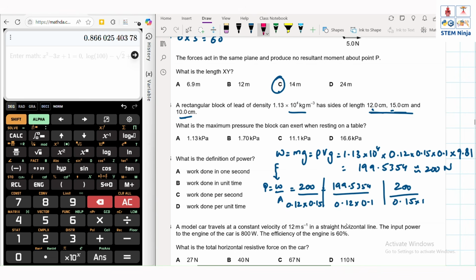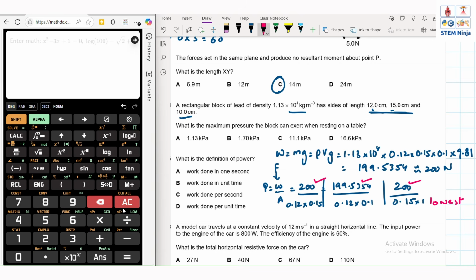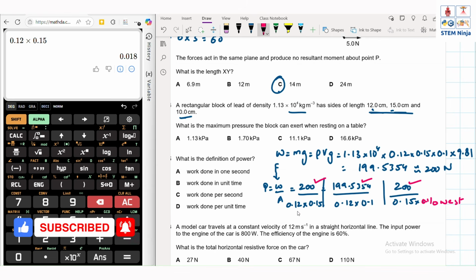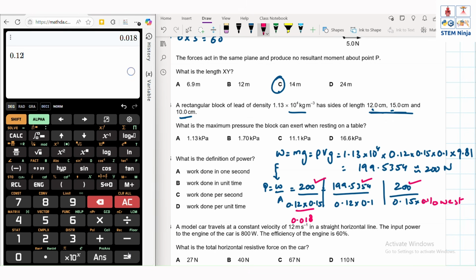So how do we know which one to select? We can look at it algebraically. The numerators are almost all the same. So highest pressure would come from the lowest denominator. So we just have to figure out which one of them is the lowest. So 0.12 times 0.15 is 0.018. 0.12 times 0.1, that is 0.012.